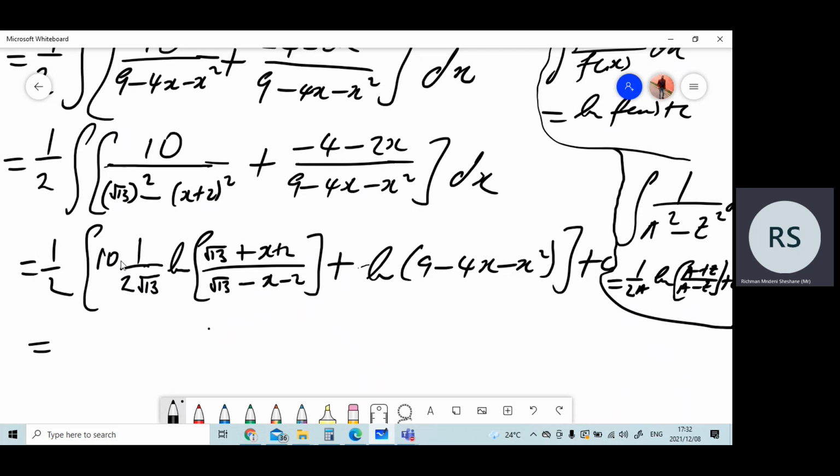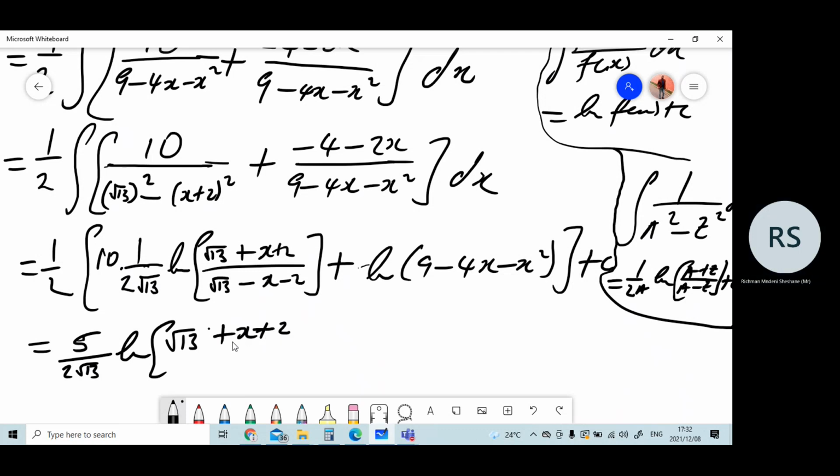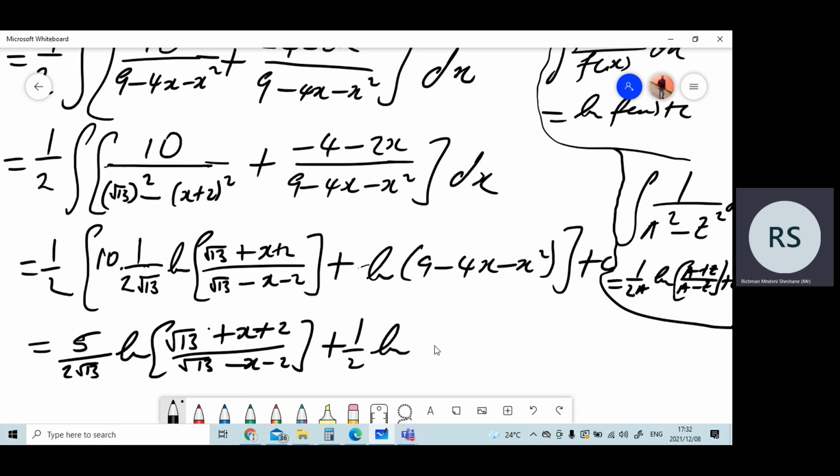So if you have it, it would be 5 over 2 square root of 13 ln of the square root of 13 plus x plus 2 over square root of 13 minus x minus 2 plus, multiplying half in the second term, half ln of 9 minus 4x minus x squared plus c. So all this is the integral of this function.